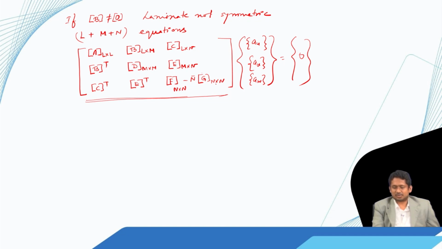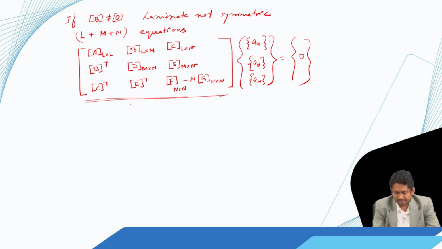I will get a total of capital N number of these n bars, which are the capital N number of buckling loads. Then if I put each one here, I can solve for AU, AV and AW, and that will give us the buckling modes.